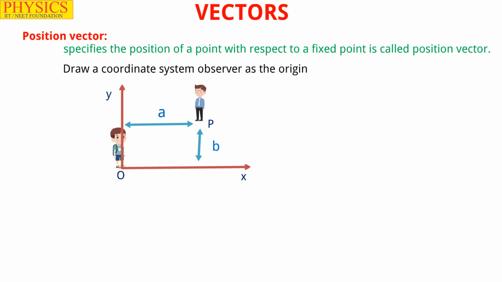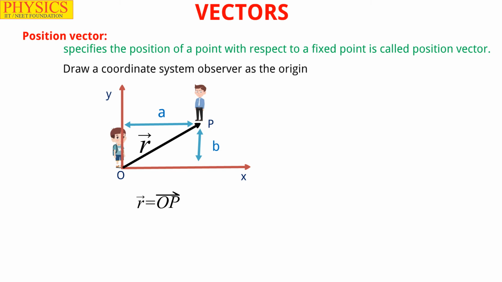A vector drawn from point O to point P is called the position vector, and it is denoted by r bar. Therefore, r bar is equal to OP.